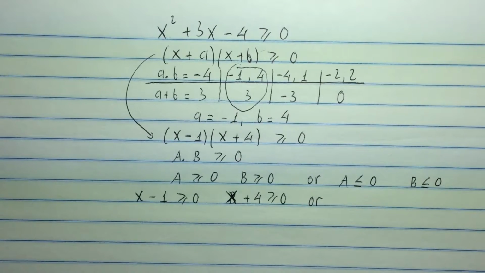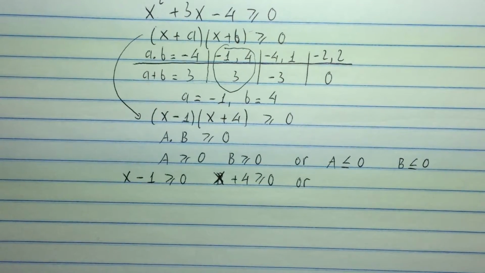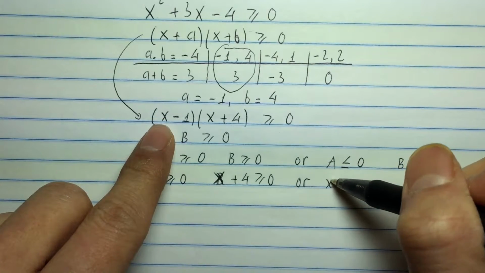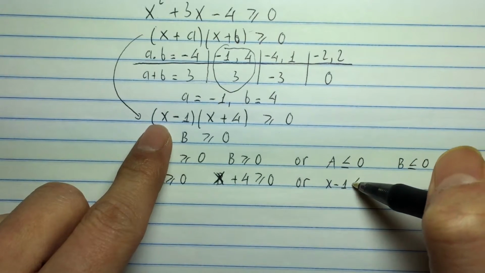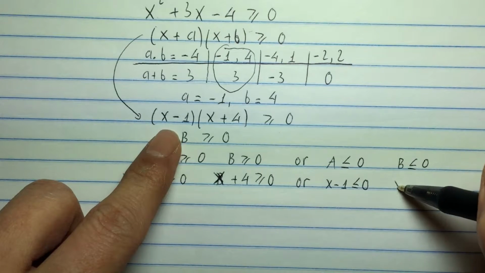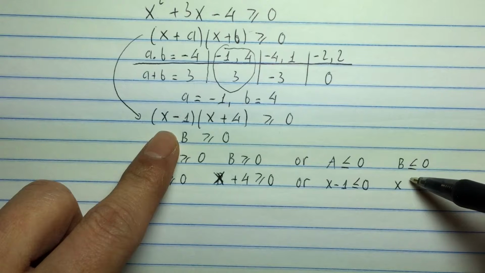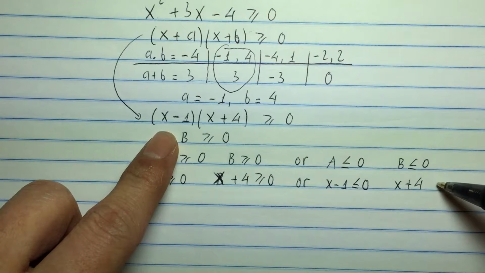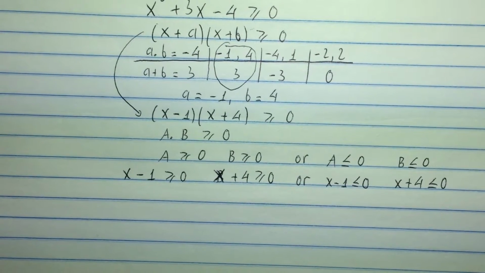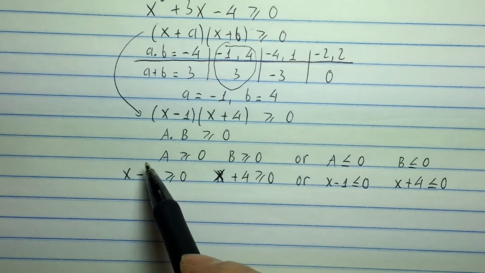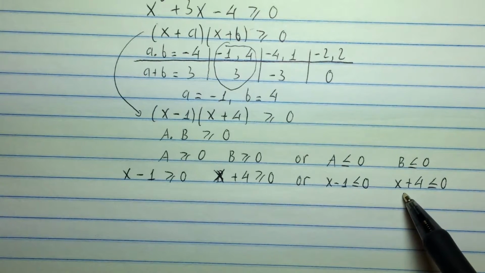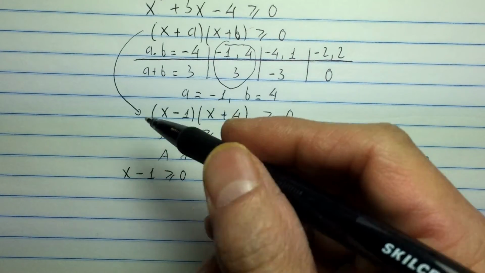Or x minus 1 less than or equal to 0 and x plus 4 less than or equal to 0. So now I will solve the first case and then I will come back to solve the second case.